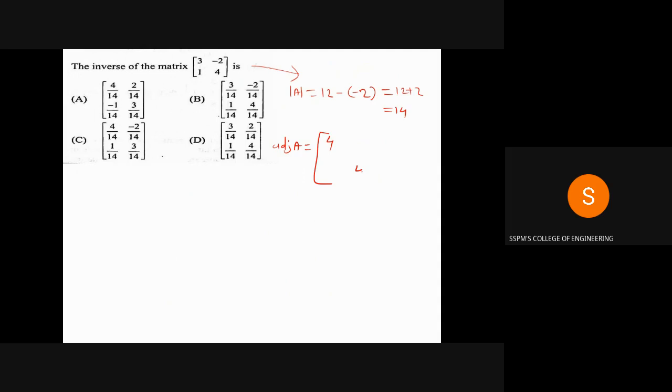So 4 and 3, they were interchanged. Therefore 4, 2, minus 1, 3. There, this one is the correct option. See, 1 upon 14 is multiplied to every element, or every element inside the matrix is divided by 14. That is why the matrix looks like this. Okay, next.